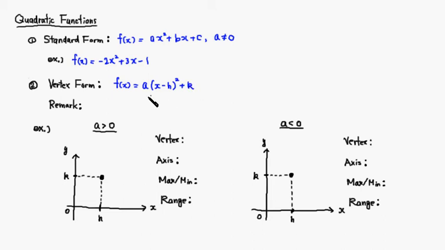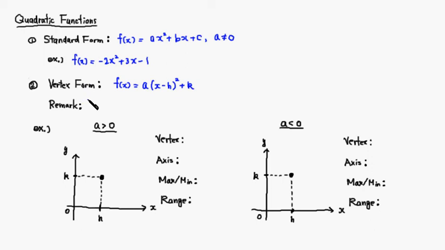All right, and this form is very convenient since we can see the transformation. So a is a combination of probably reflection about the x-axis and the vertical stretch or compression depending on the a value. And you can see that the minus h is going to shift right by h units, and the plus k is shift up by k units.